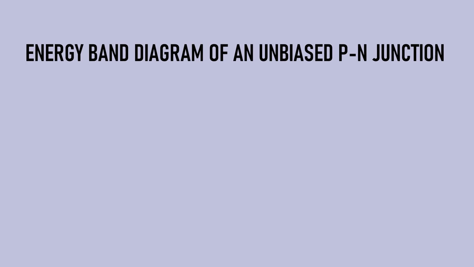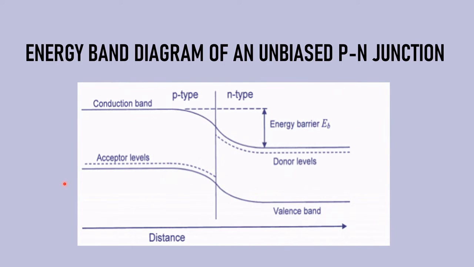In today's class, we talk about the energy band diagram of an unbiased PN junction. This is the energy band diagram of an unbiased PN junction. This side is the P-type material side and this side is the N-type material side. When the PN junction diode forms, this is how the energy band diagram looks.